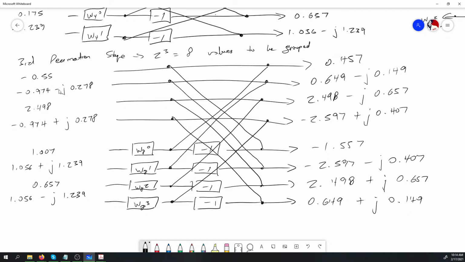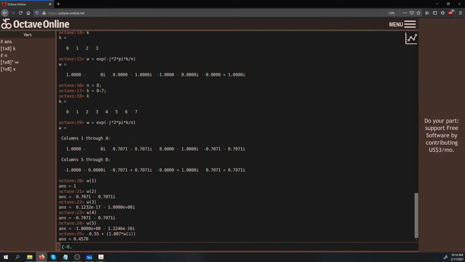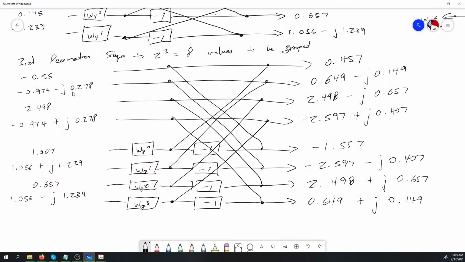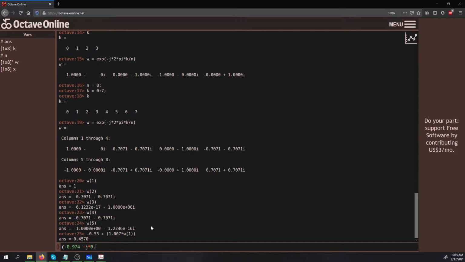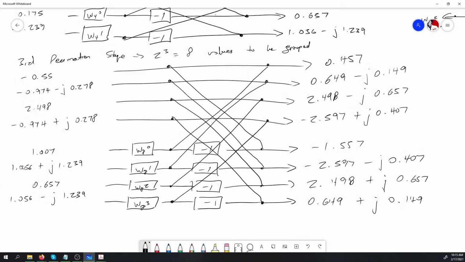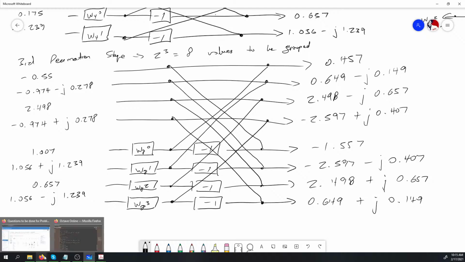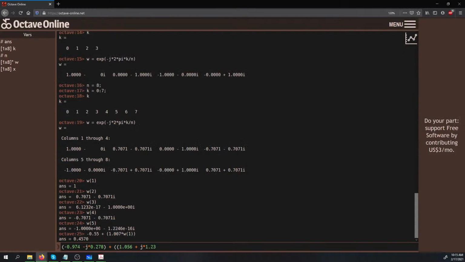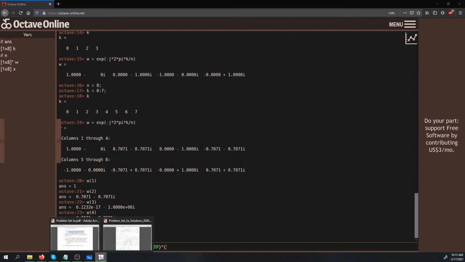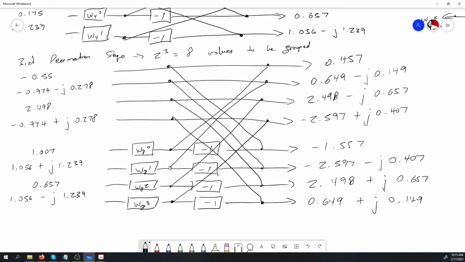Similarly, let's say we want to do it for the second one here, so this is negative 0.974, minus j by 0.278, add 1.056 plus j by 1.239 multiplied by W8 of 1 going up here.